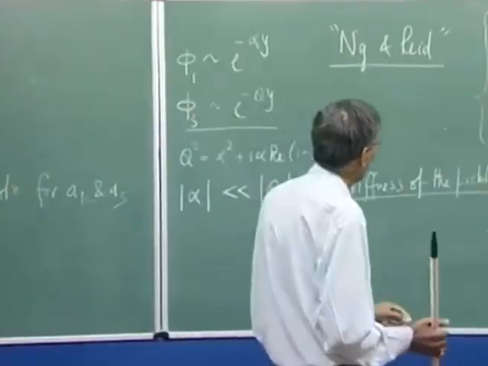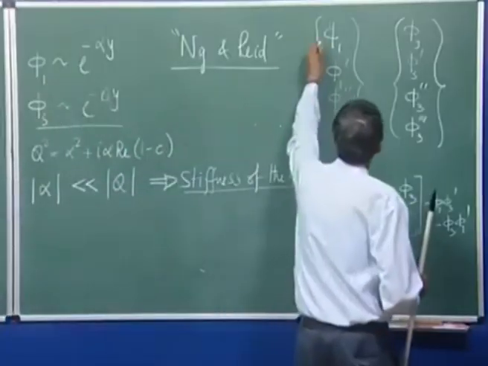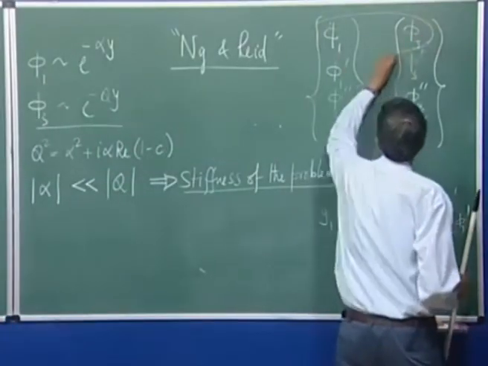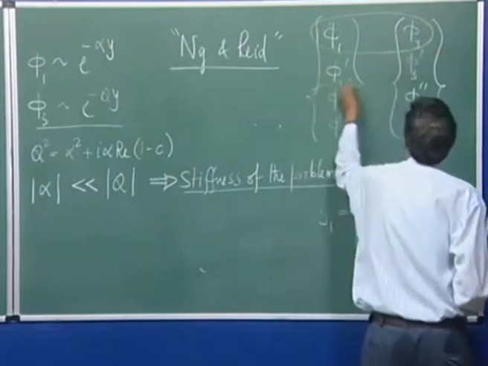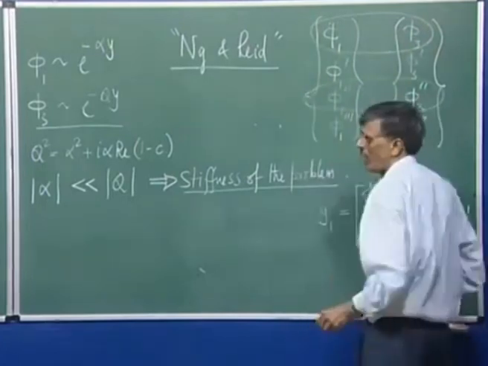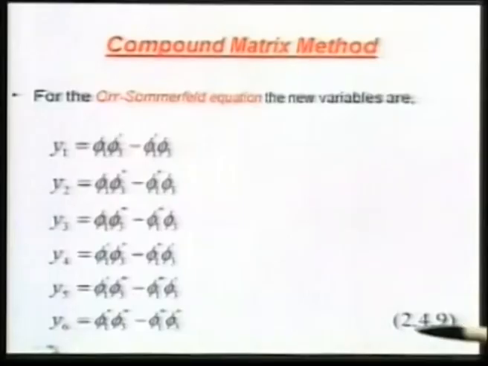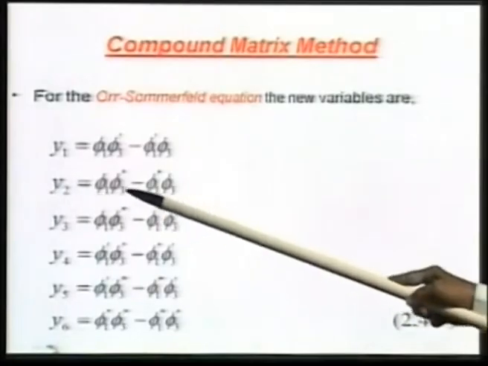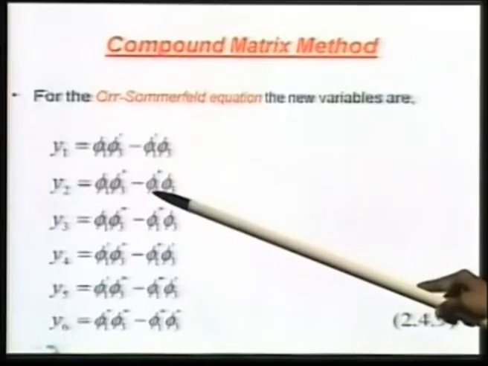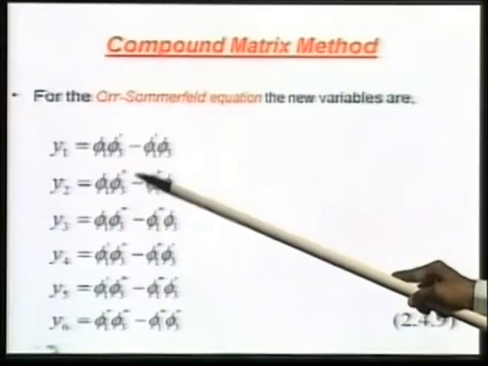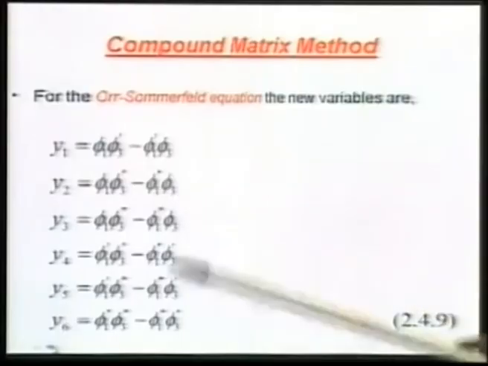Now, if I take this one and this one, then I will get y 2. You see, phi 1 phi 3 double prime minus phi 1 double prime phi 3.